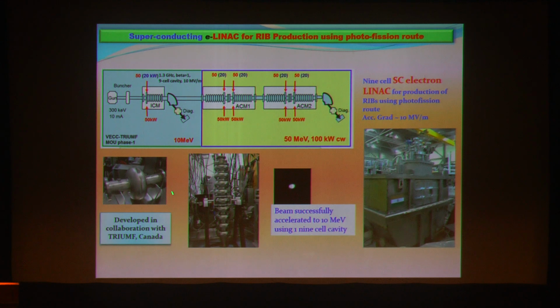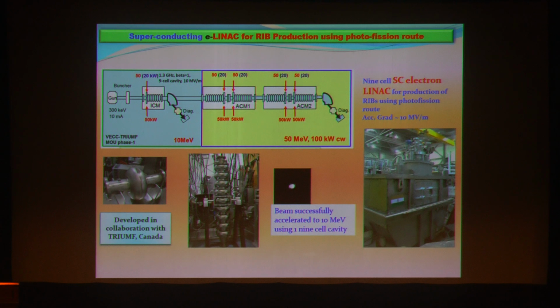Some pictures: this is the development of the single cell cavity, this is the development of the 9-cell cavity. When this 9-cell cavity goes into the cryostat, this is the cryostat, you can see the Indian flag, and the beam has been successfully accelerated to 10 MeV using one 9-cell cavity. This is a picture of the beam, and the acceleration gradient is 10 MV per meter. So we have designed and developed this together with TRIUMF, and we have the know-how.